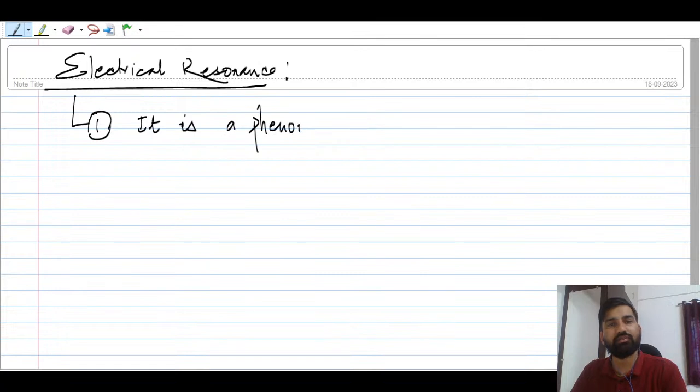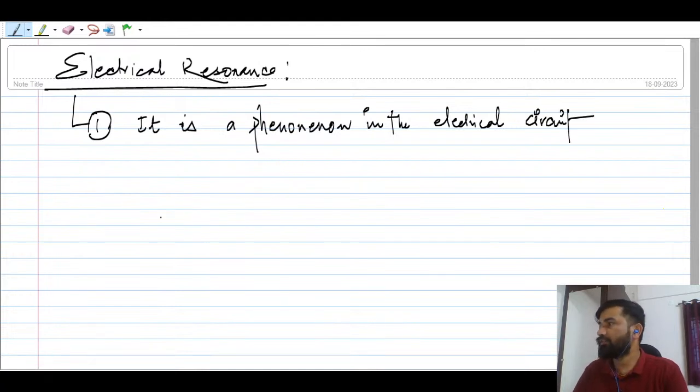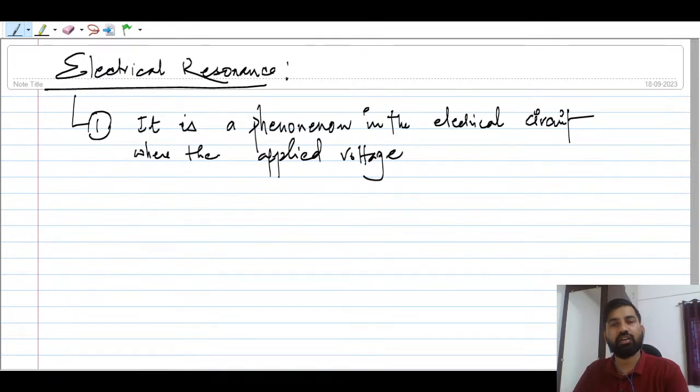So resonance is a phenomenon in the electrical circuit where the applied voltage and the source current are in phase.